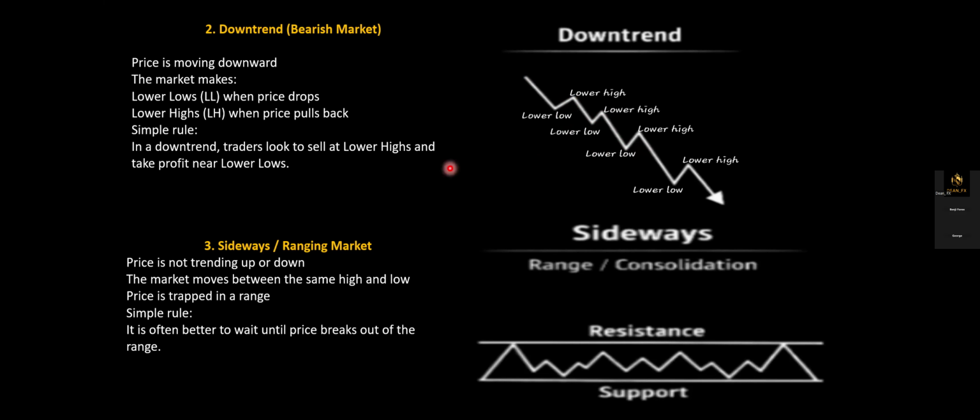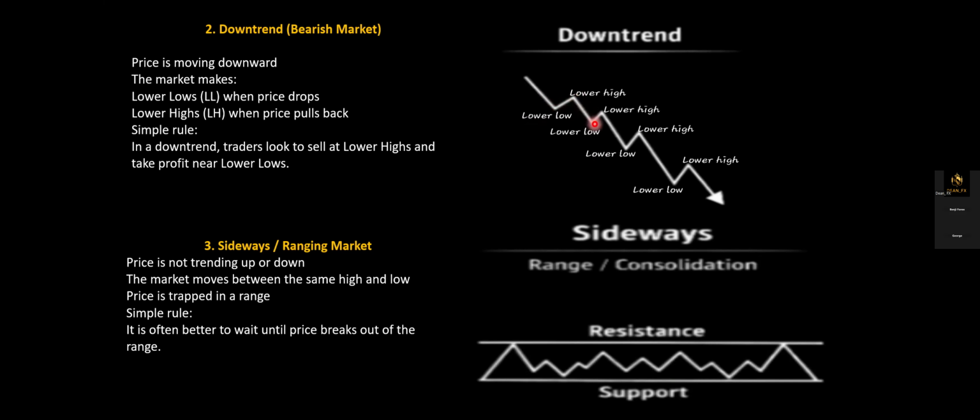In a downtrend, traders look for sells at lower highs and take profit near lower lows. So when price trades a lower high like this, traders usually find a zone where they can sell the market, targeting the lower low.